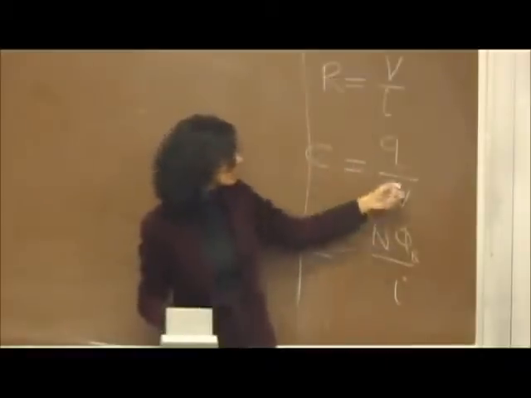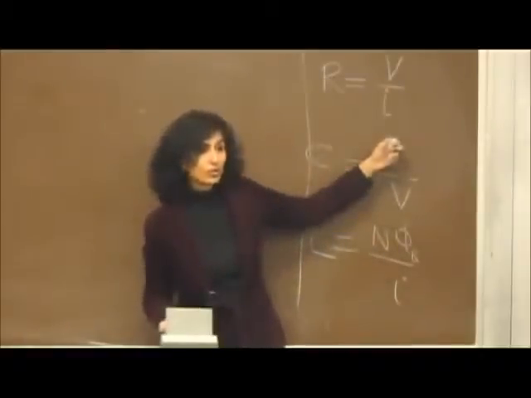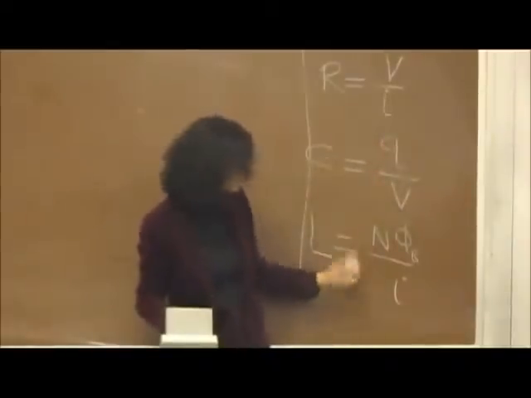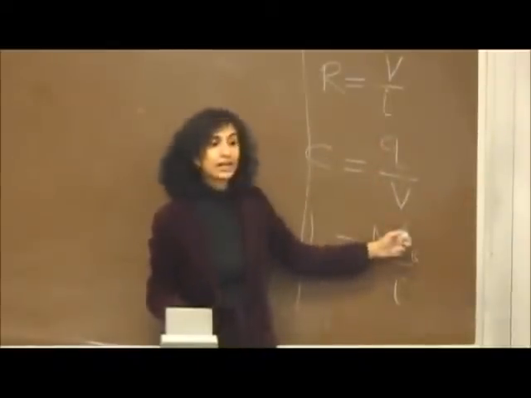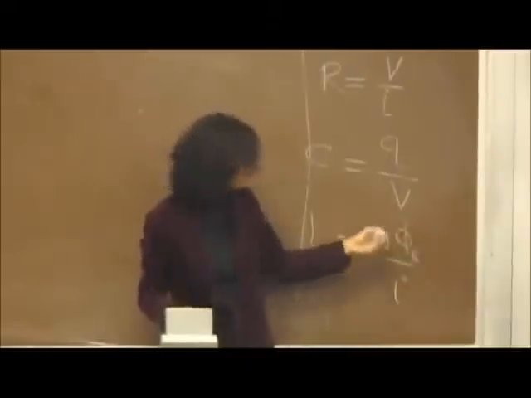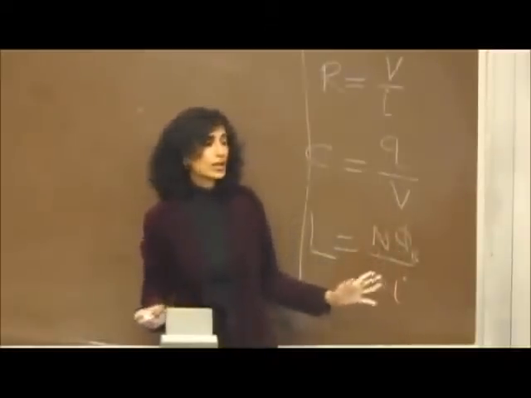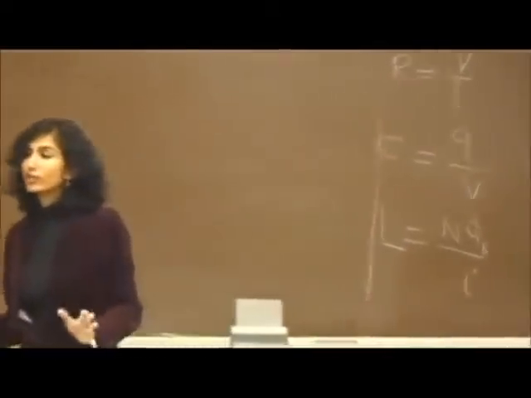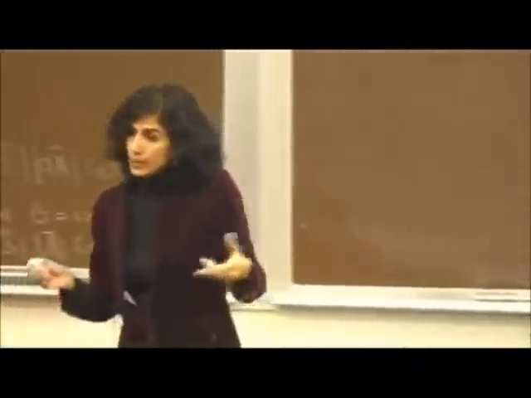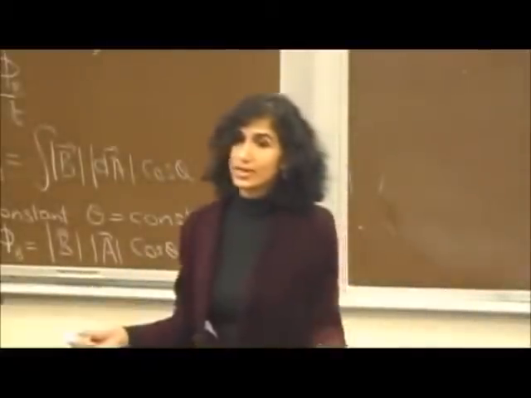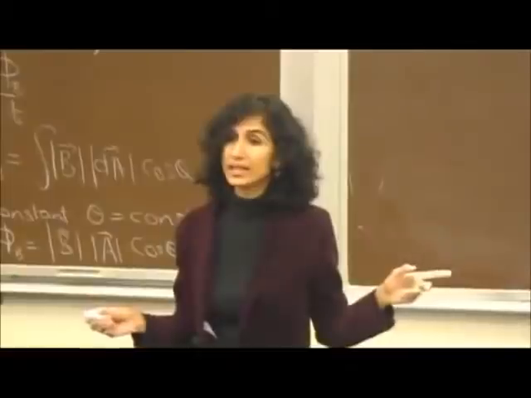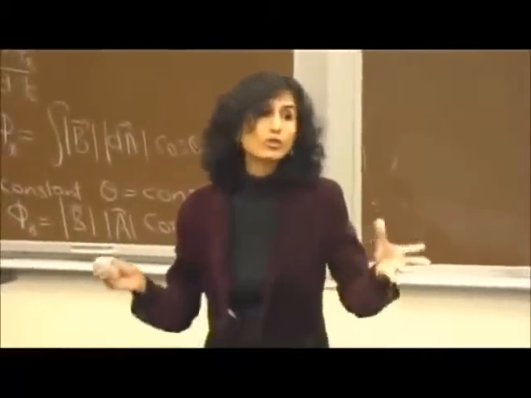If you increase the voltage, total charge stored will increase on the capacitor plates such that the ratio is constant. Similarly here, if you increase the current, the magnetic flux through the coil will increase such that the ratio stays constant. So R, C, and L are all properties of the resistors, capacitors, and inductors. They do not depend upon those other external things. They only depend upon the geometry.